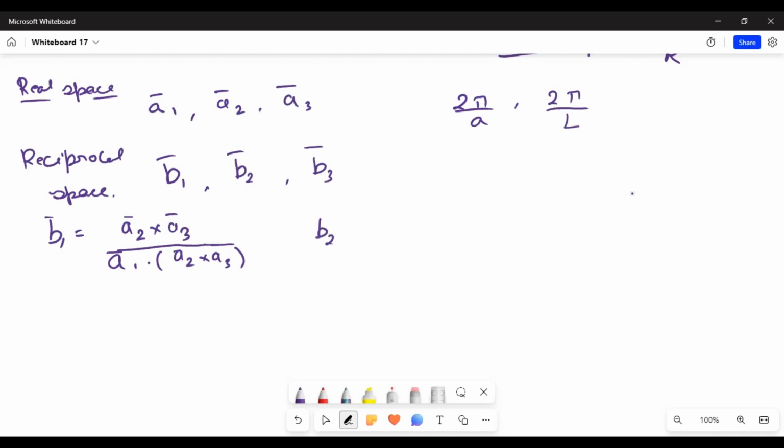Similarly, b2 is a3 cross a1 upon a2 dot product a3 cross a1.